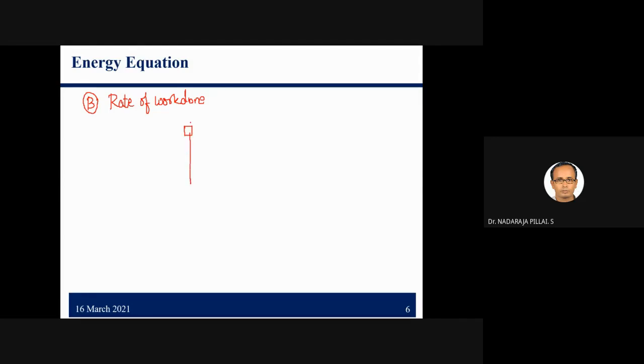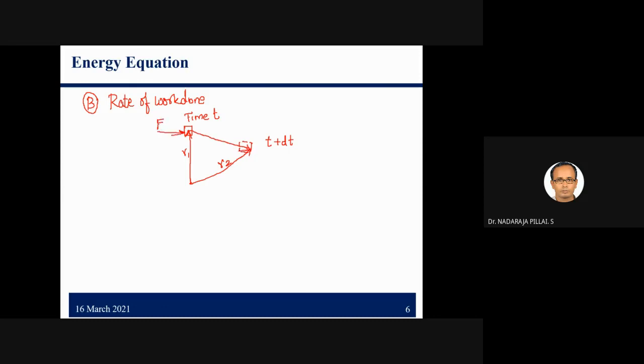At time t, it is located at this particular position. Say I mention this as R1, and it moves to some other location at time t plus dt. It moves from this point to this point. For our convenience, we will write this as R2. This is R1 and this is R2, and this element moves from here because of the force here.